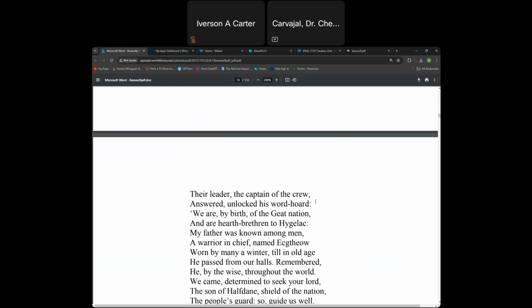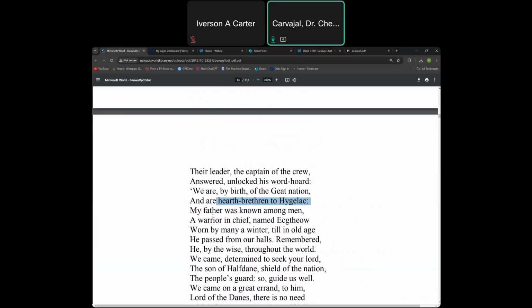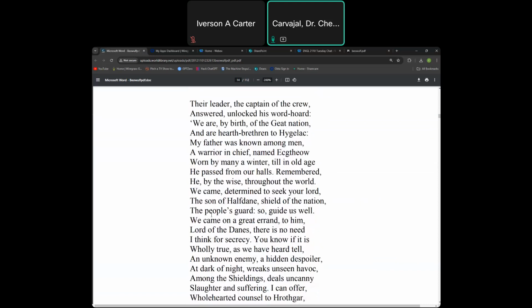And so Beowulf answers. He unlocked his word hoard. This is so common, the way that that's described in Old English. And he says, we're Gates and we're hearth brothers to Higelac, the king. And my father was Ecgtheow, and he was a warrior in chief. And then he died, but he died in old age.